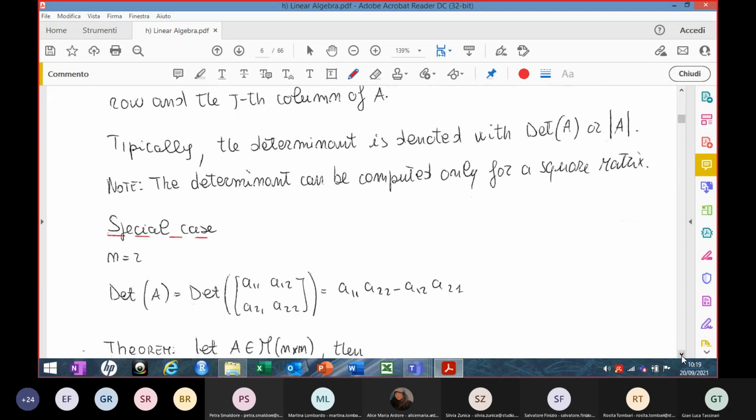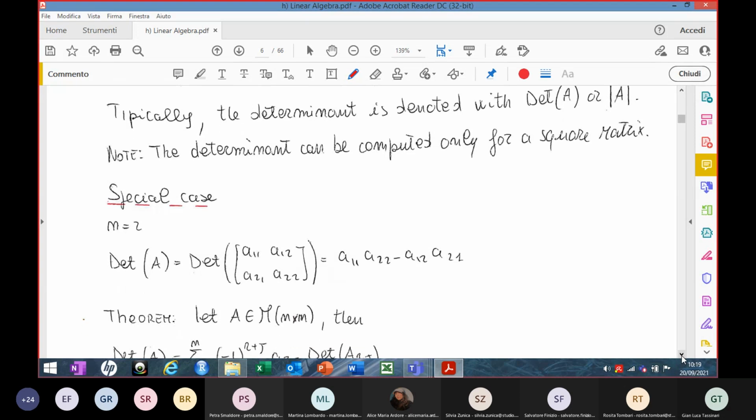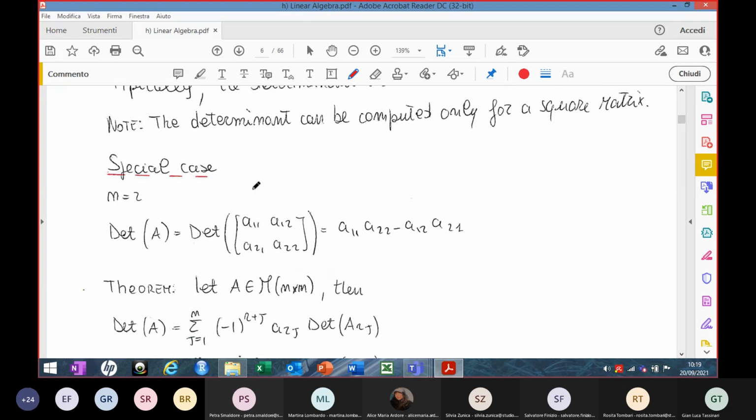I show, for example, a very special case, which is useful, the determinant of a matrix 2 times 2. And now, I need to write, because I want to show the steps. Special case, suppose you want, which is the determinant of a scalar, guys? The scalar itself. Another small matrix, which is the square matrix of order 2.